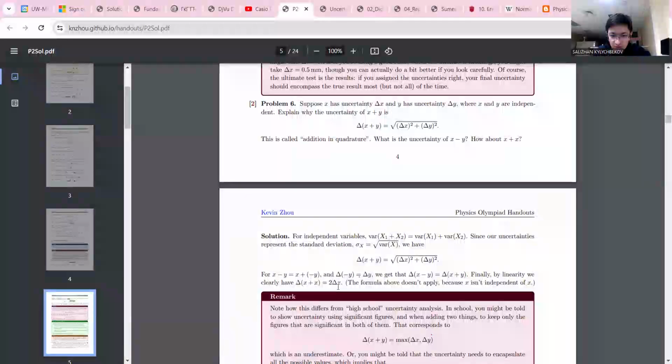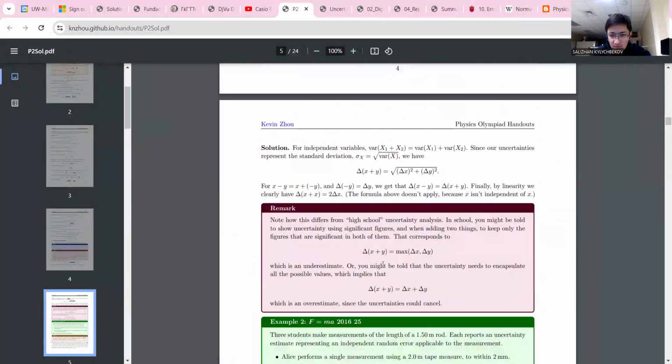Those two are dependent variables, so you just add them. The formula above doesn't apply because they are not independent, because you are basically referring to the same measurement. So here's the remark, good to know.